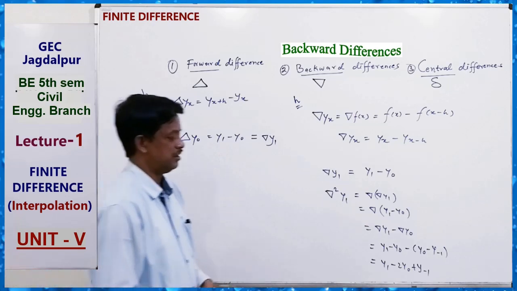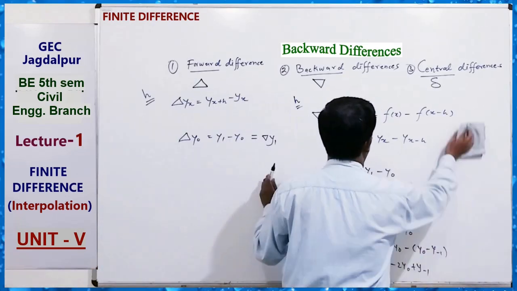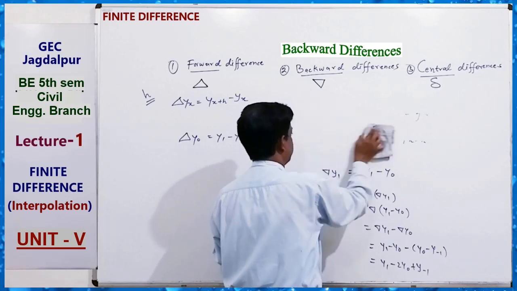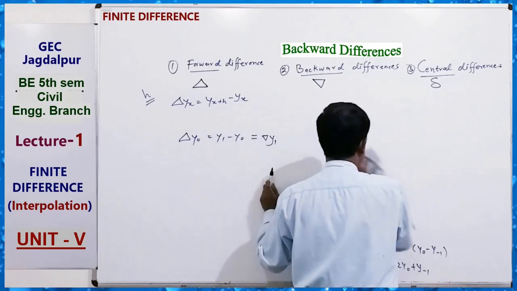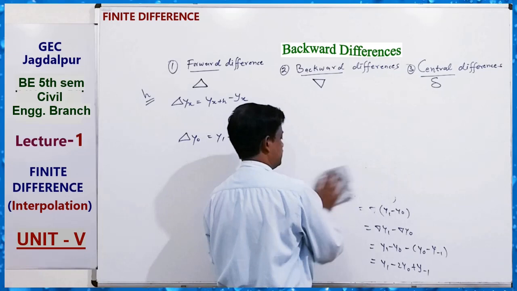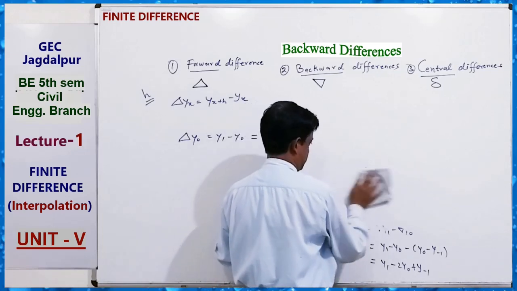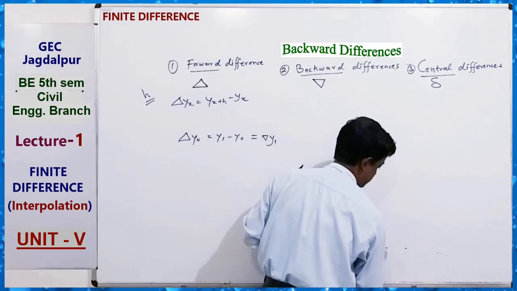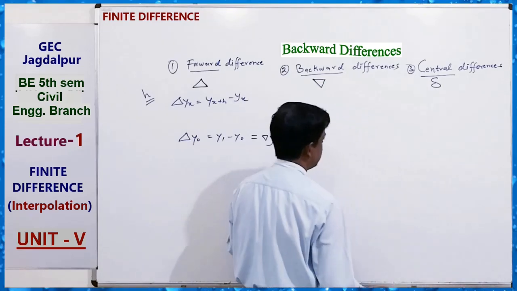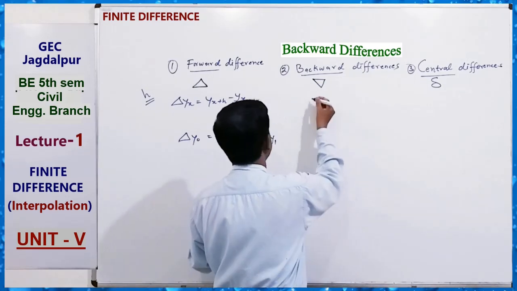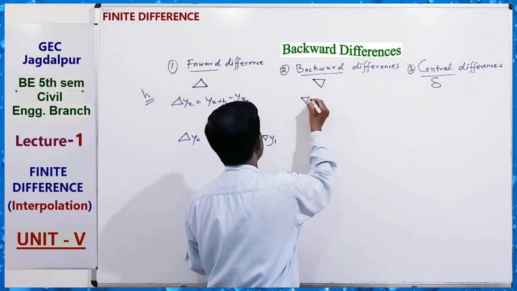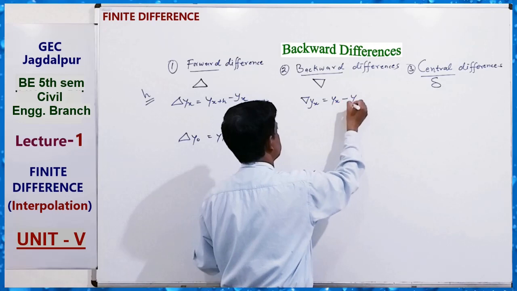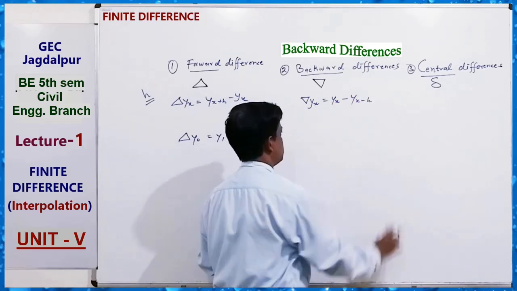Now, the central difference is also the same thing, but it is defined differently. Here the backward difference is y(x) minus y(x minus h).